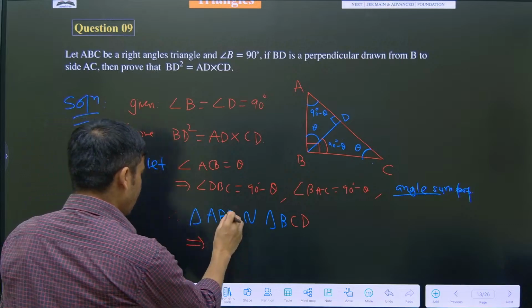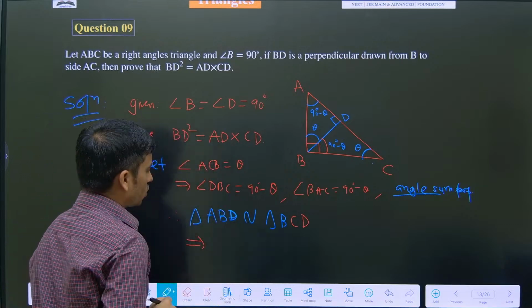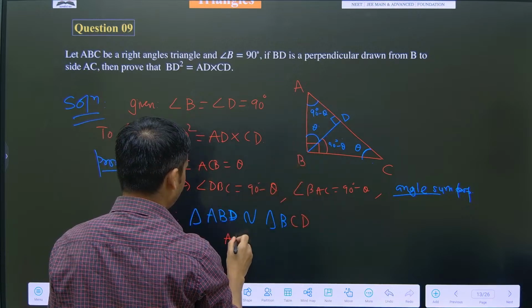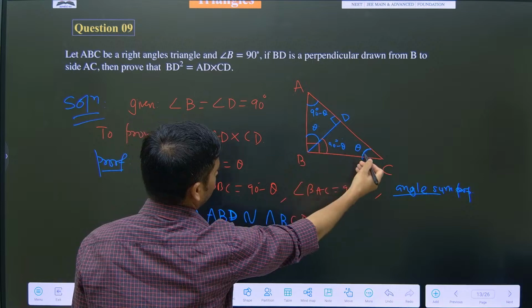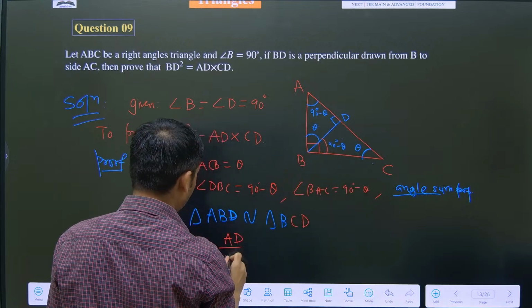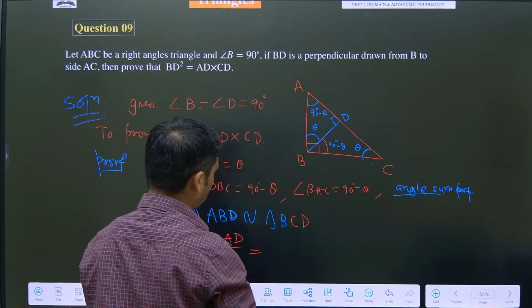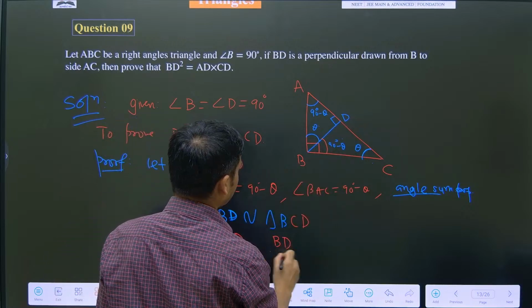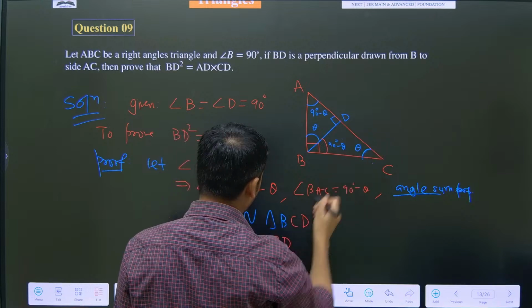In triangle ABD, please write it properly. It looks like P, it should be D, no? So the sides are, in this smaller triangle, AD is opposite to theta. Here, opposite to theta, it is BD is equal to, if I take side BD here, BD is opposite to 90 minus theta. What is the side opposite to 90 minus theta?